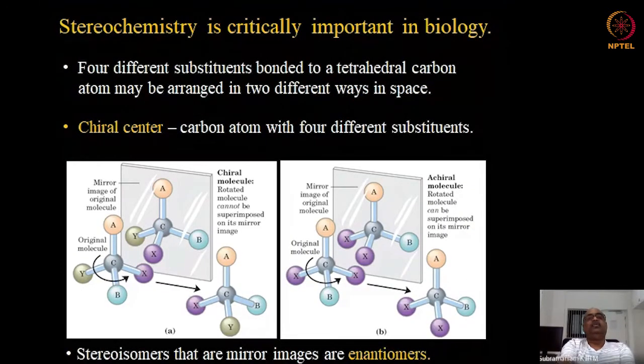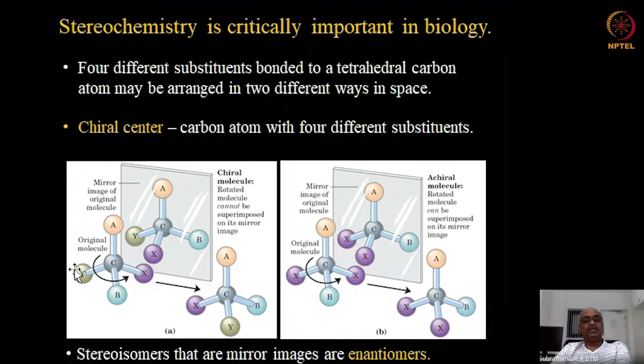And the second one is the chiral center, where, as shown in this figure, you have a carbon atom to which four different groups are attached: A, B, Y, and X. Now if you keep a mirror next to this, let us say you made this with balls and sticks, you will get a mirror image like this.